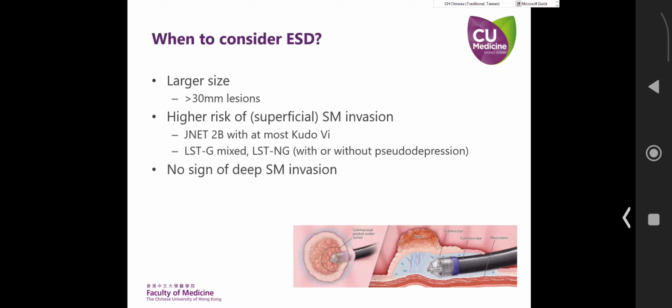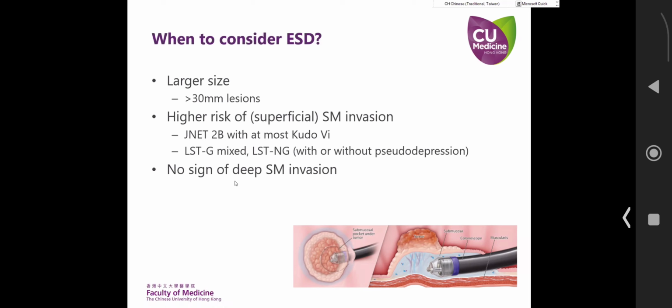But if we are talking about larger lesions, that means those more than 3 centimeters or above, and in particular if you suspect any superficial SM invasion, where you see a JNET 2B pattern, or a lateral spreading tumor with a prominent nodule in the granular type, or a non-granular type lateral spreading tumor, these lesions should be removed en bloc and are probably the best candidates for ESD.